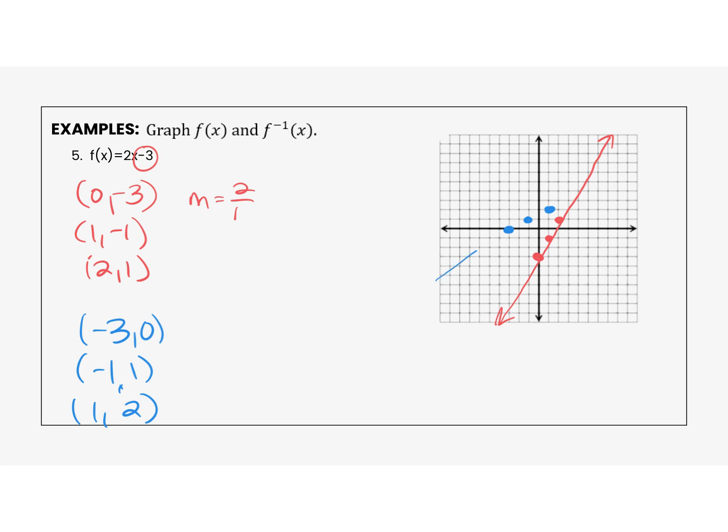And there it is. I'm going to label this is my inverse, and this is my function. All right, and so there is the function and its inverse. Okay, so that is 3.5 inverse functions.